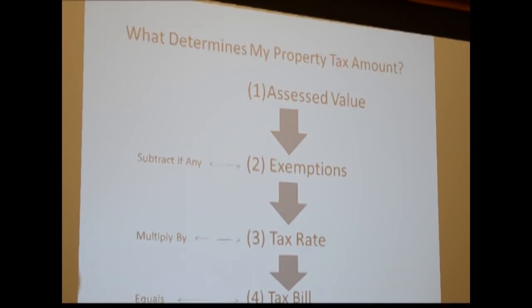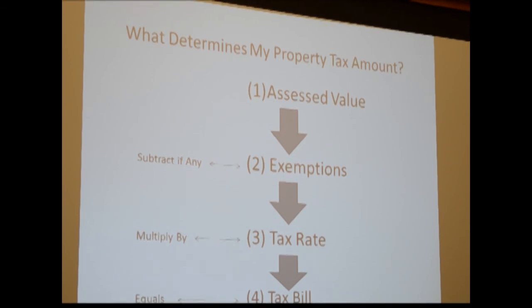So the basic tenet of your tax bill, because that's what you see at the bottom line, is based on a really simple formula. Your assessed value, what is the assessed value of your property? And then we look at your exemptions, and you take off those exemptions if you have any.